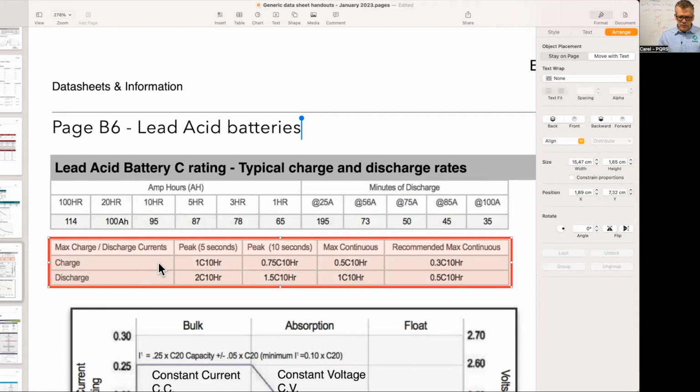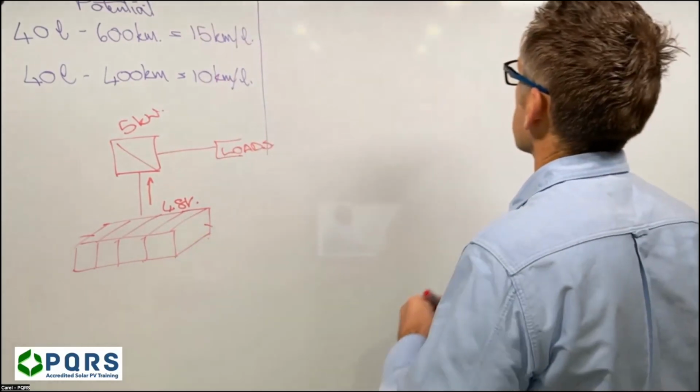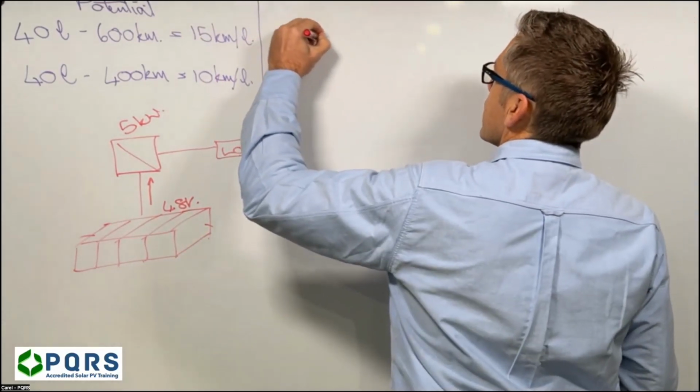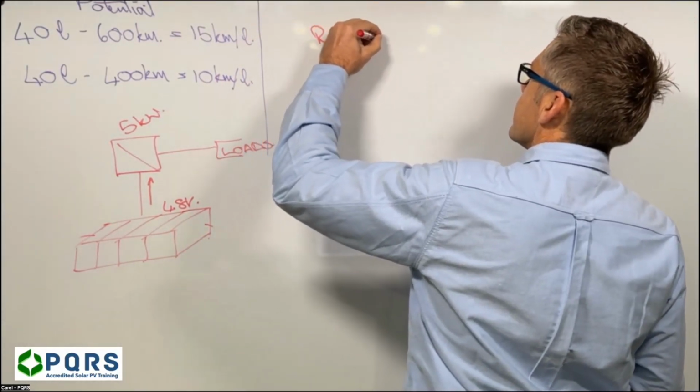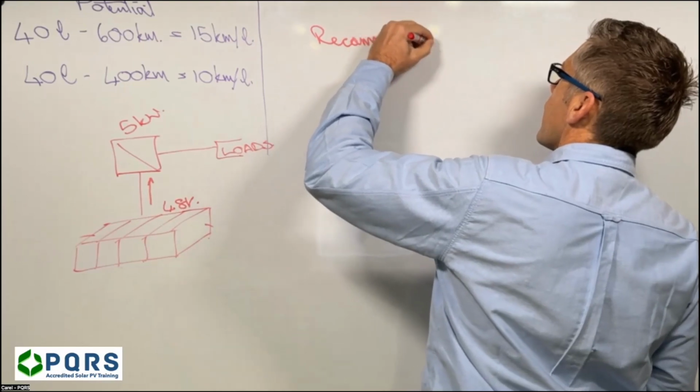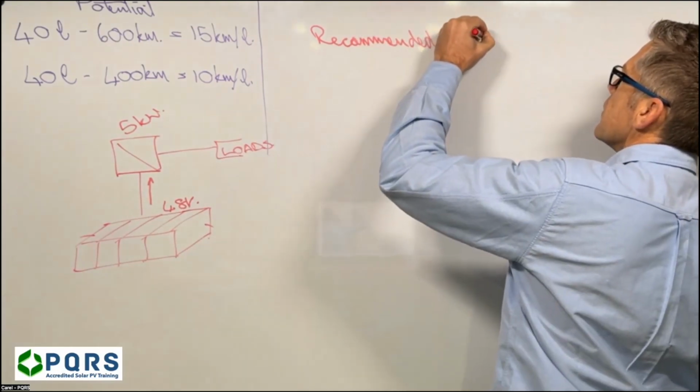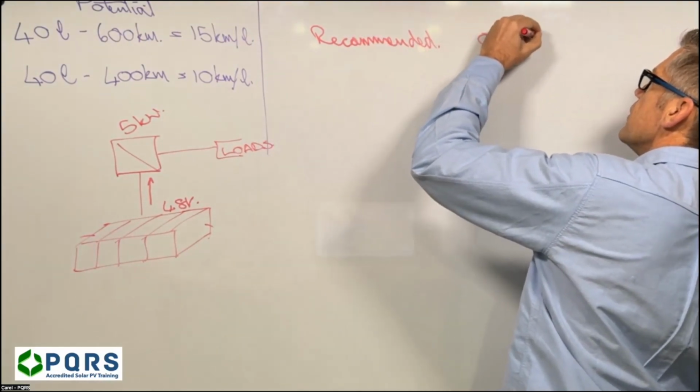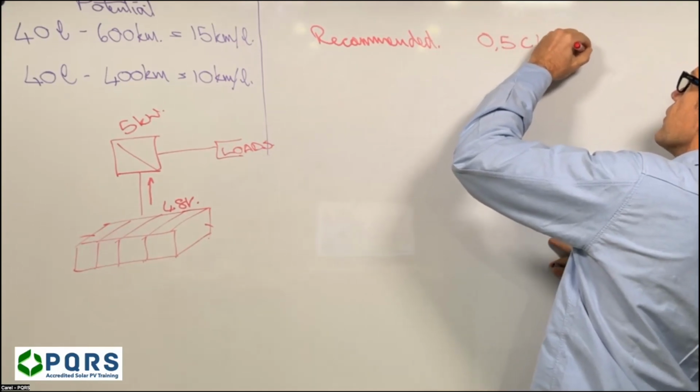Over here it says charge rate and discharge rate. Maximum continuous and then recommended maximum continuous. So the recommended maximum continuous for that battery is 0.5 C10HR.